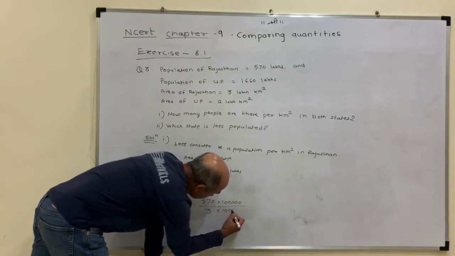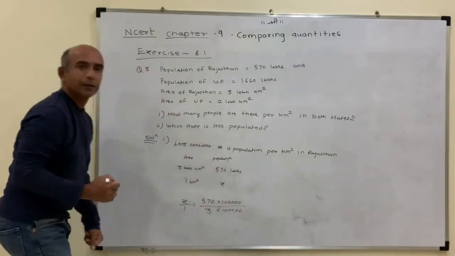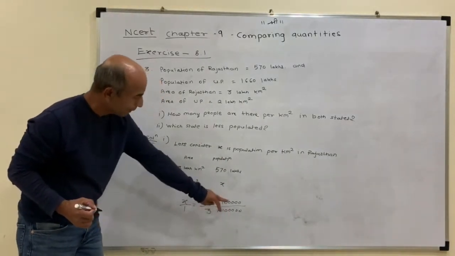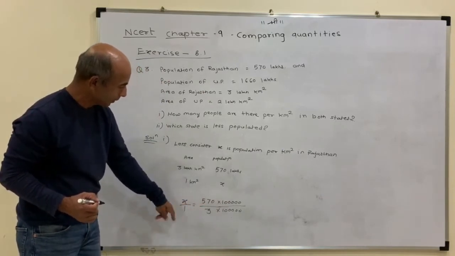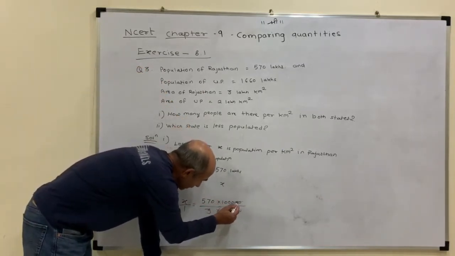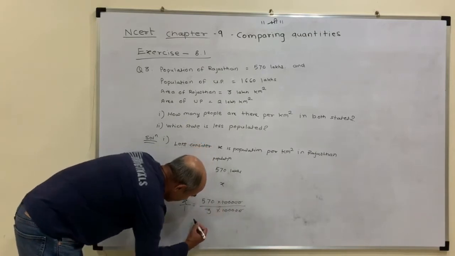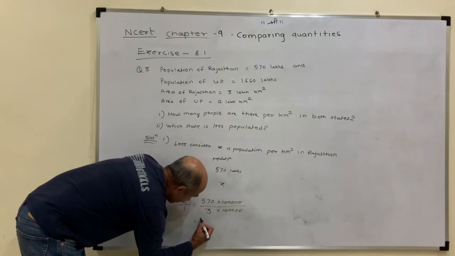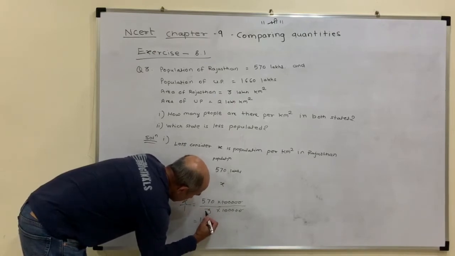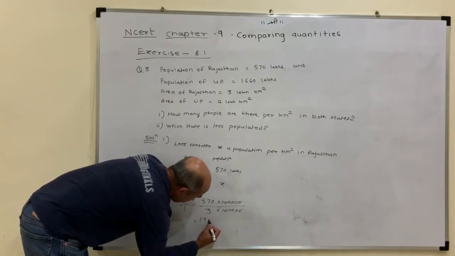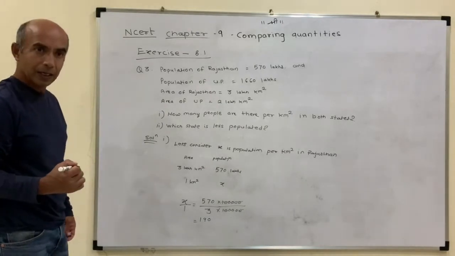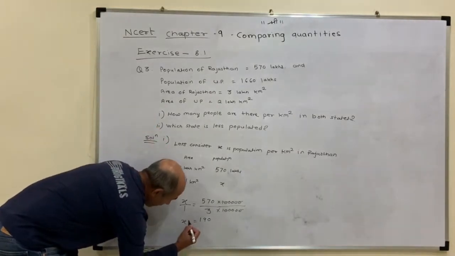I can mention lakhs separately and 570 separately, so this lakh and that lakh are gone. So 570 divided by 3. 3 ones are 3. Then 3 nines are 27 and 0. So 190 is the value of X.